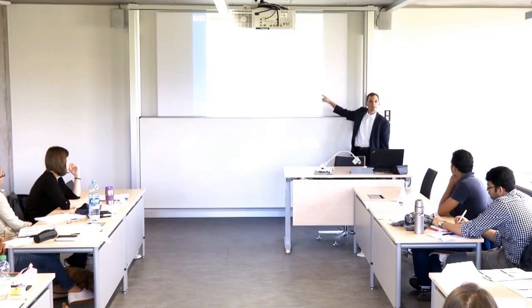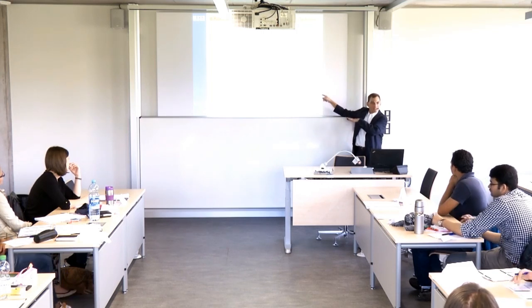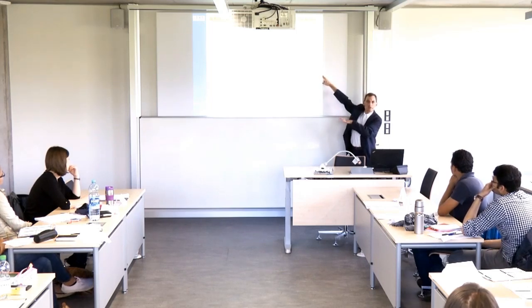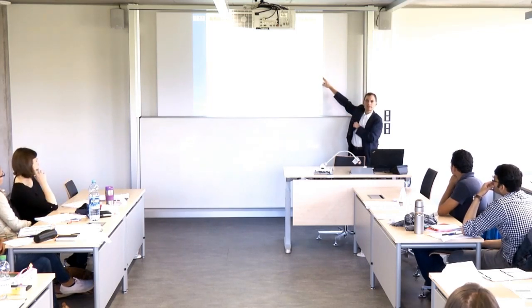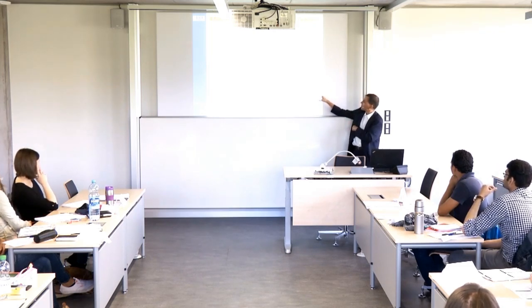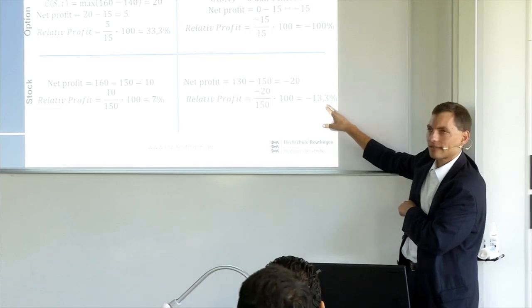So you lose if the stock price is below your initial price, but the percentage loss is obviously less in comparison to the option. In the option you lose the full initial investment, highly risky. Here you lose just relative to your initial investment, which in percentage is less than the option.